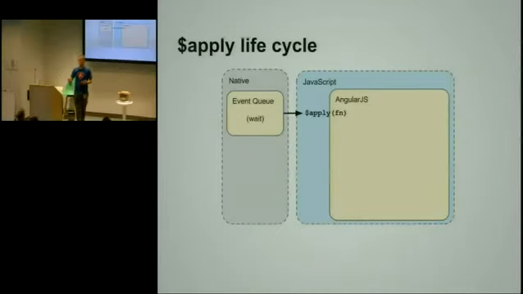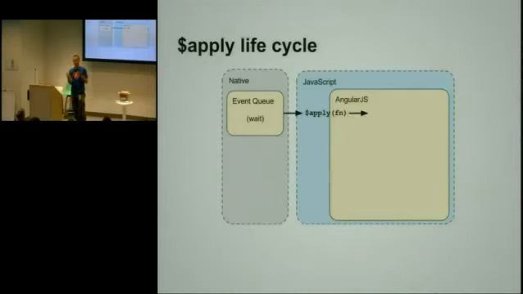In this case, the server returned with the data. The browser figured out that, hey, there's data available. I need to pass it into the application because there's a listener waiting for it. So the browser will call the listener, and the listener will call apply with another function, and that function will actually process the data that is coming from the server.